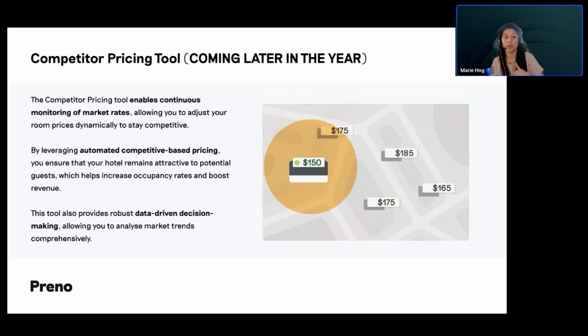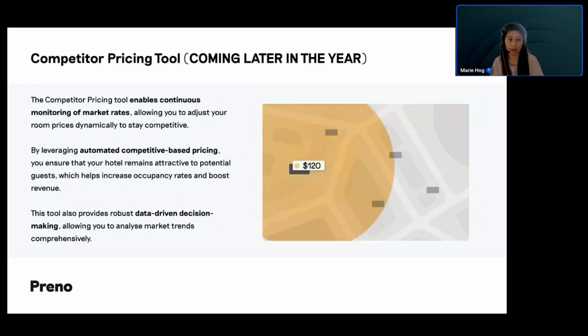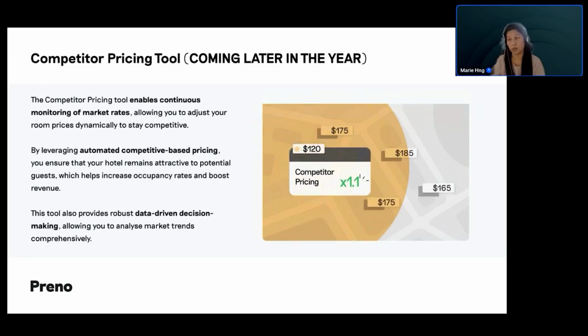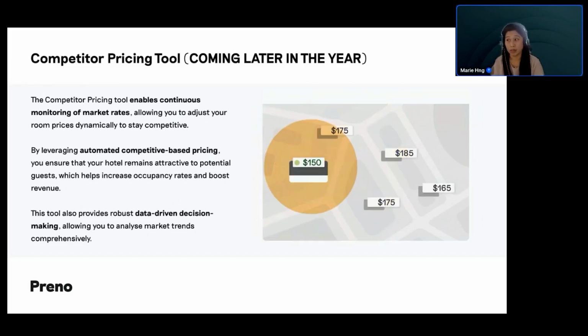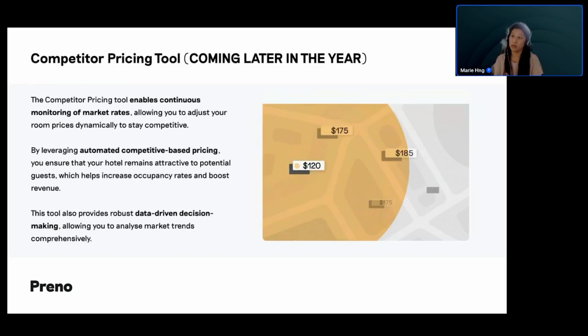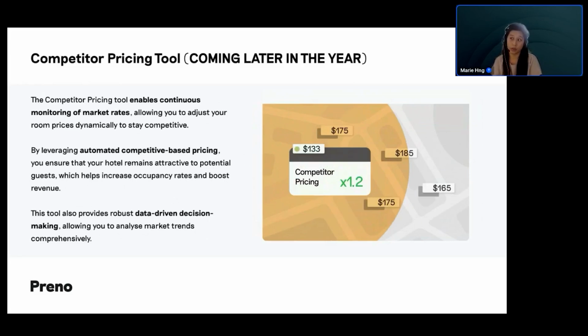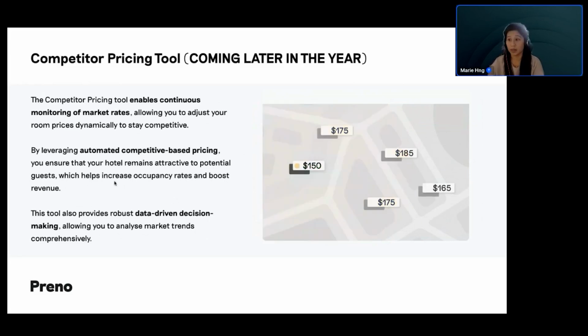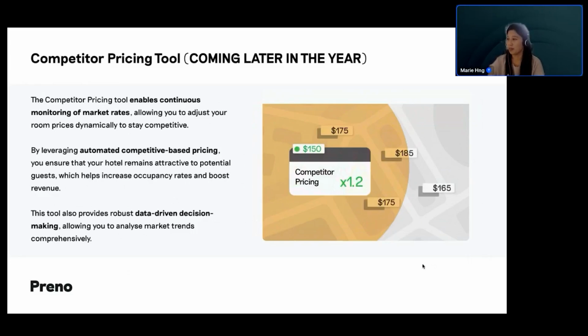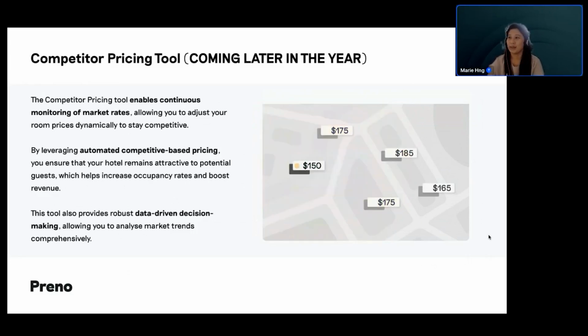That way you're not overpricing yourself so that it's too high compared to your other properties in the area, and also vice versa, not dropping your rates too low compared to other people in the area. Okay, but this is coming soon, so keep your eyes out for that.